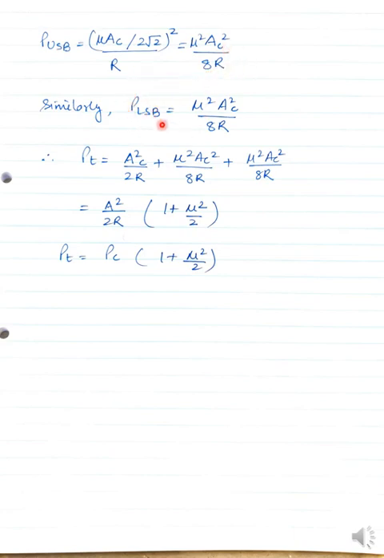Similarly, for LSB also it will be equal to this. So the total power, if you put all these together and take the common terms outside, will be equal to Pc times (1 plus mu square divided by 2), because Pc is the power across your carrier signal we calculated on the previous slide.